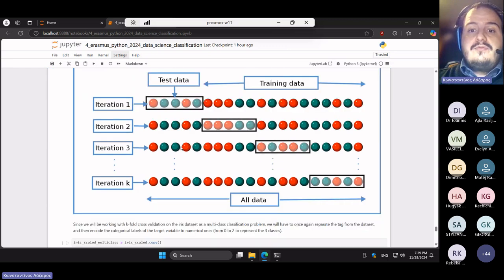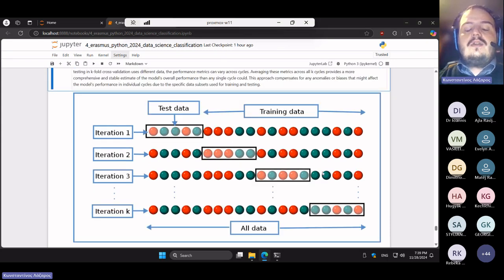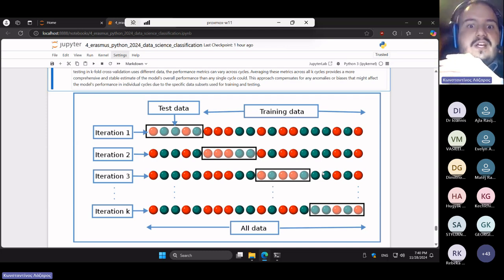Then, of course, we move on. In the third iteration, these are the samples we'll use for testing, and the rest are used for training, and so on and so forth. Imagine that we are using a sliding window to make specific cuts into training and test sets for our data set.